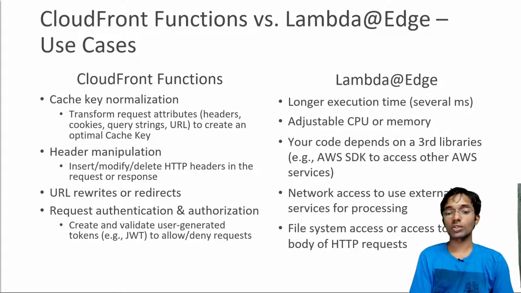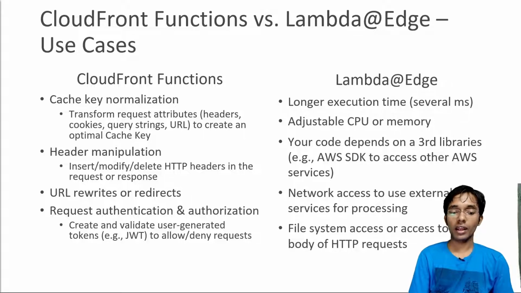For example, you can use an SDK to access other AWS services. You can use network access to use external services for processing, and you have file system access if you wanted to cache some stuff locally, or you can even access the body of the HTTP request to manipulate the body itself.